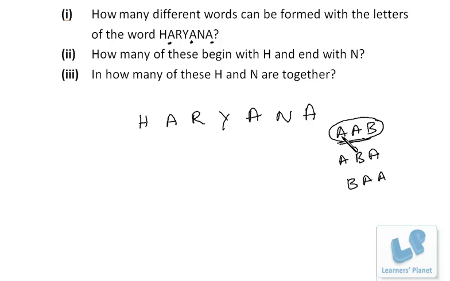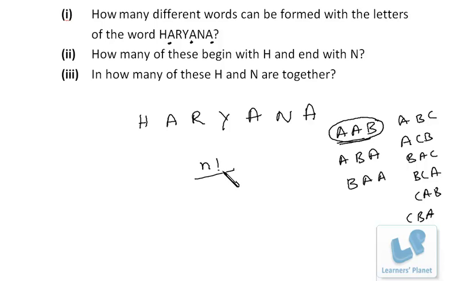So what is the concept over here? Suppose I have A, B, C. Then how many ways will be there? ABC, ACB, BAC, BCA, CAB and CBA, right? So in this case I have 6 arrangements, but in the earlier case I have just 3 arrangements. Why? Because 2 letters are the same. So if we have n places and n objects to arrange, there will be n factorial ways, but we have to divide by the repetition.